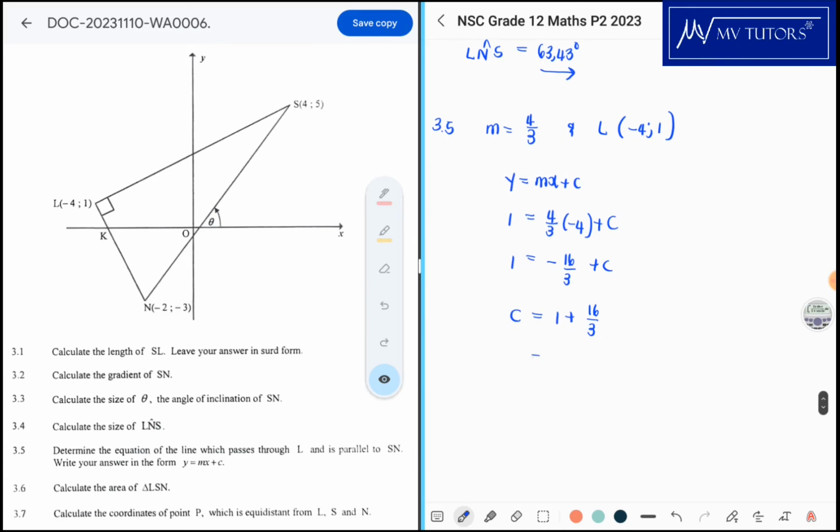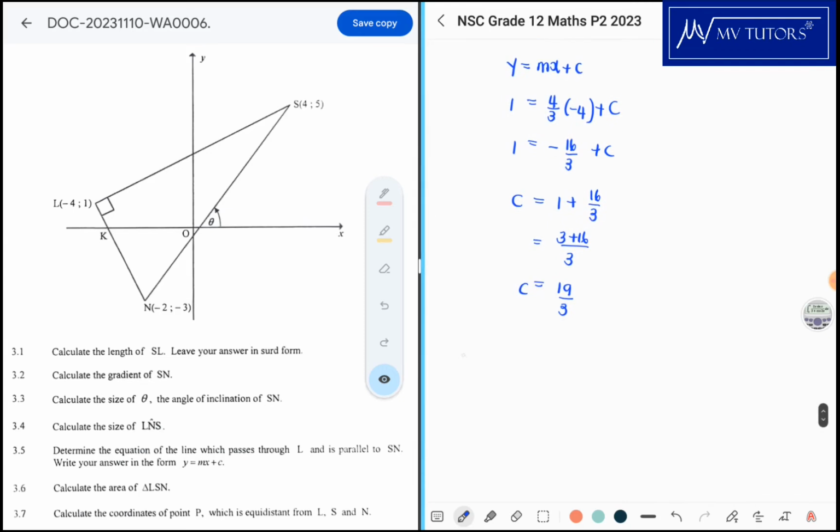If I make 3 the denominator, I would have 3 plus 16 over 3, or you can just use the calculator. But c is 19 over 3. Therefore, the equation in the form y equals mx plus c is y equals 4 over 3 x plus 19 over 3. That's 3.5.